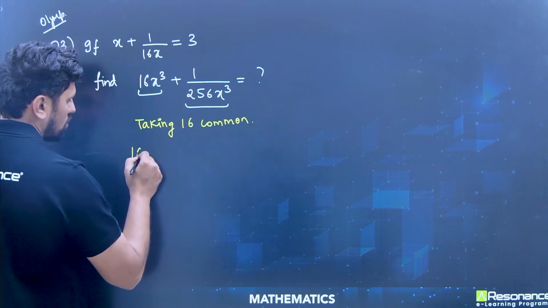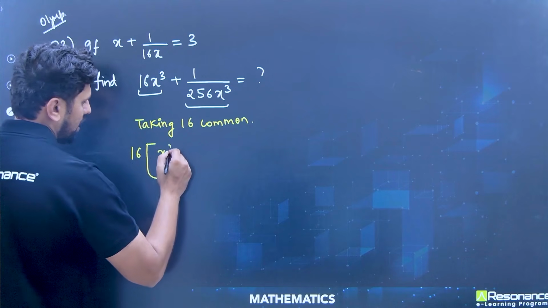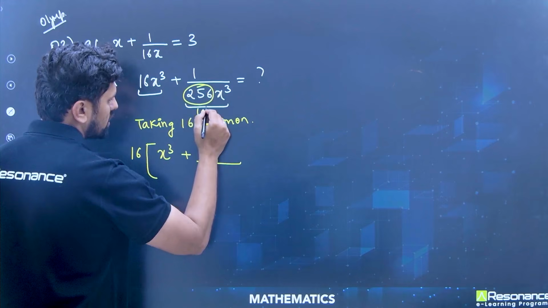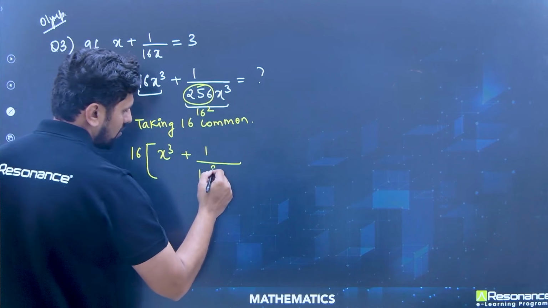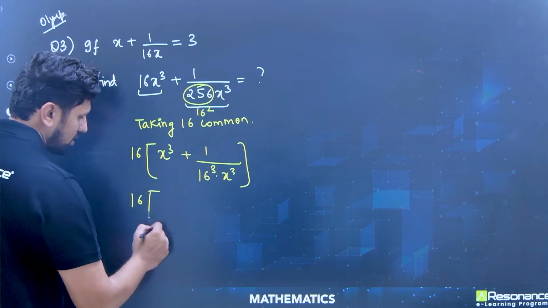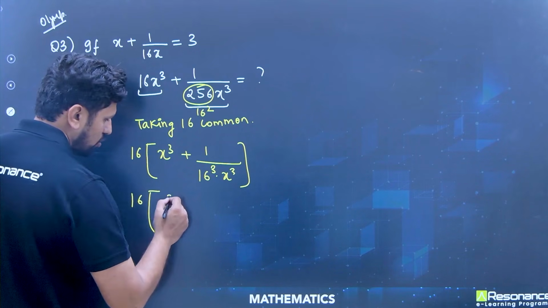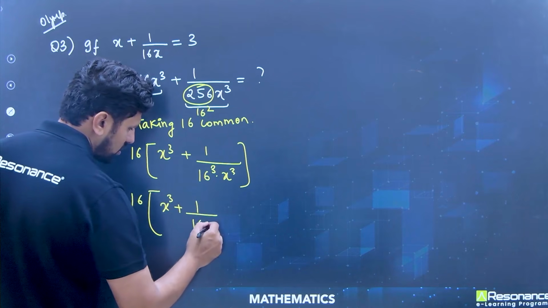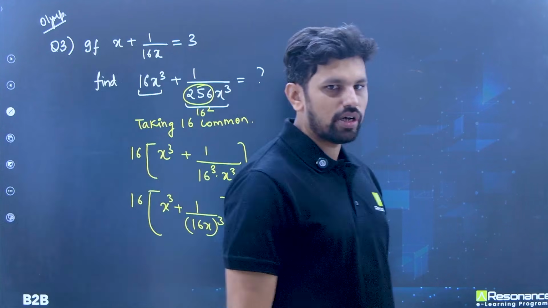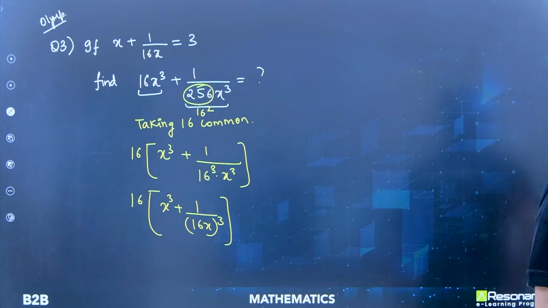Taking 16 common, it will become x cube. And see, 256 is what? 16 square. So it will become 16 cube, x cube. So now this will be simply (x cube plus 1 upon 16x) whole cube. Now I think you can solve it.